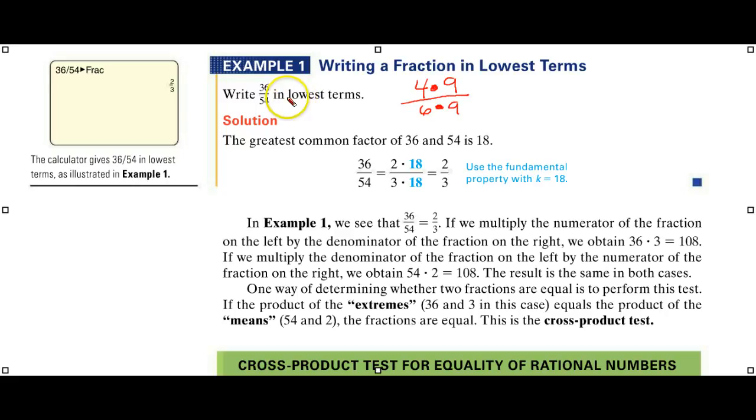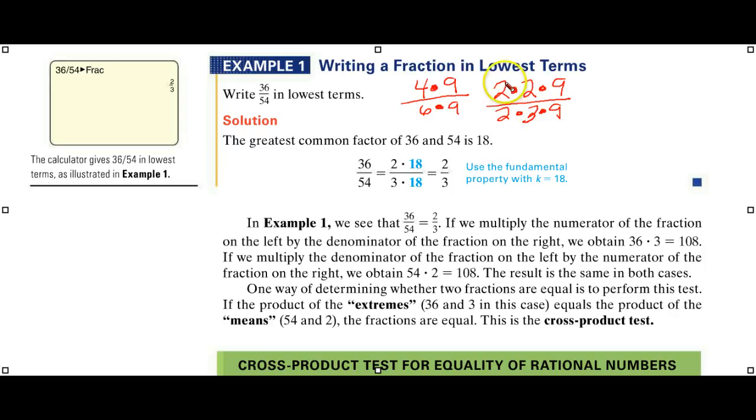And if we wanted to look into this in more detail, we know that 36 is 4 times 9, and 54 is 6 times 9. But notice there's a 2 here as well. So this could be 2 times 2 times 9, and this could be 2 times 3 times 9.